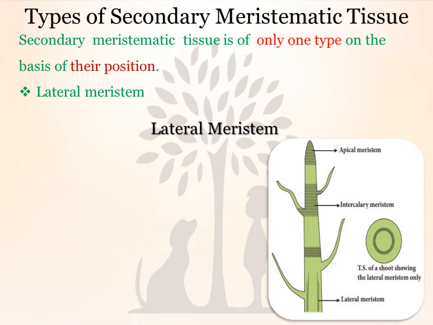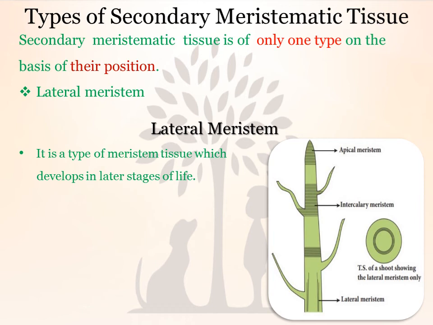We already know about apical meristem, which is present on the tip of the plant, and intercalary meristem, which is present on the internode. Now the lateral meristem is present on the lateral side of the plant. On the lower side you are seeing there, it forms a ring-like structure, which is shown in the diagram. Particularly, this represents only lateral meristem.